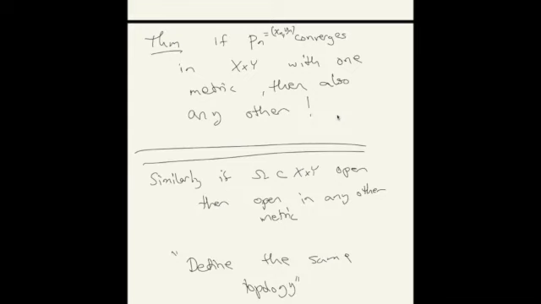One could say that they define the same topology, or from the perspective of this class, they're exactly the same. It doesn't matter what you use, so you can use whichever is easiest. If it's open in one metric, then it's open in the others.